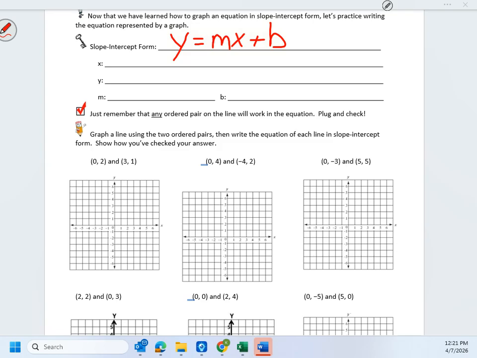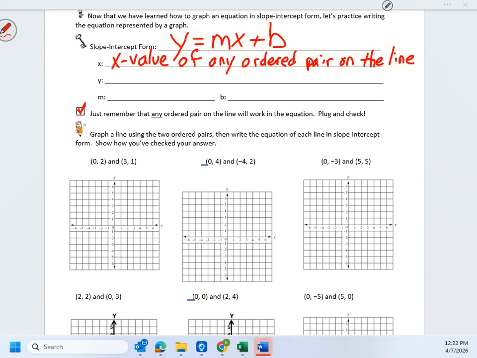What is the x? Laurel. The x value of any ordered pair on the line. Now, some of you might be saying, oh, Ms. Gambino, we've already written this on other objectives. Do I really have to write it again? What do you think my answer is going to be?